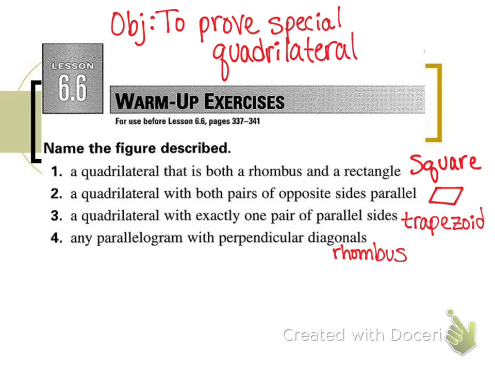We're going to talk about the properties that would prove a quadrilateral to be things like a parallelogram or a rhombus, a rectangle, a square, or a trapezoid. These are all properties that we have already talked about.